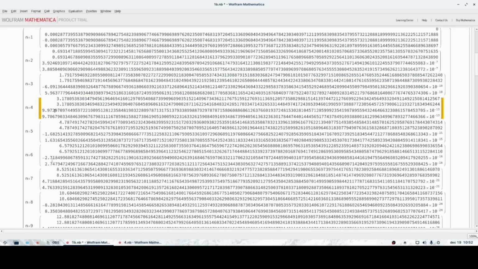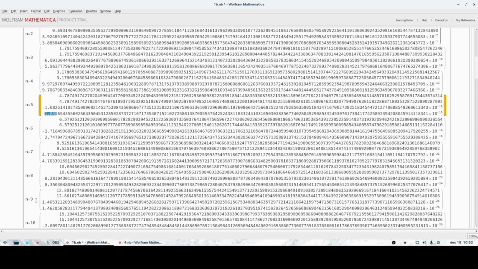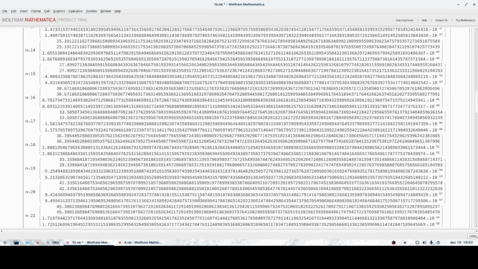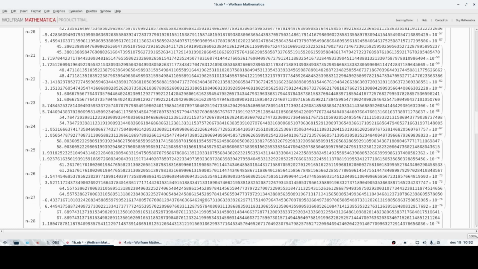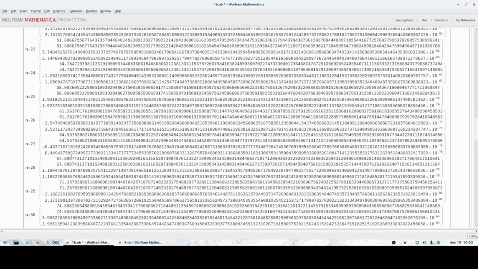Now it is 2 decimal places, and from 9 it is 3 decimal places, 1, 4, 6, 1, 4, 6, and then on the minus 26. Okay, so this function, better saying, we can use this function as the remainder term for the Euler-Maclaurin summation formula.